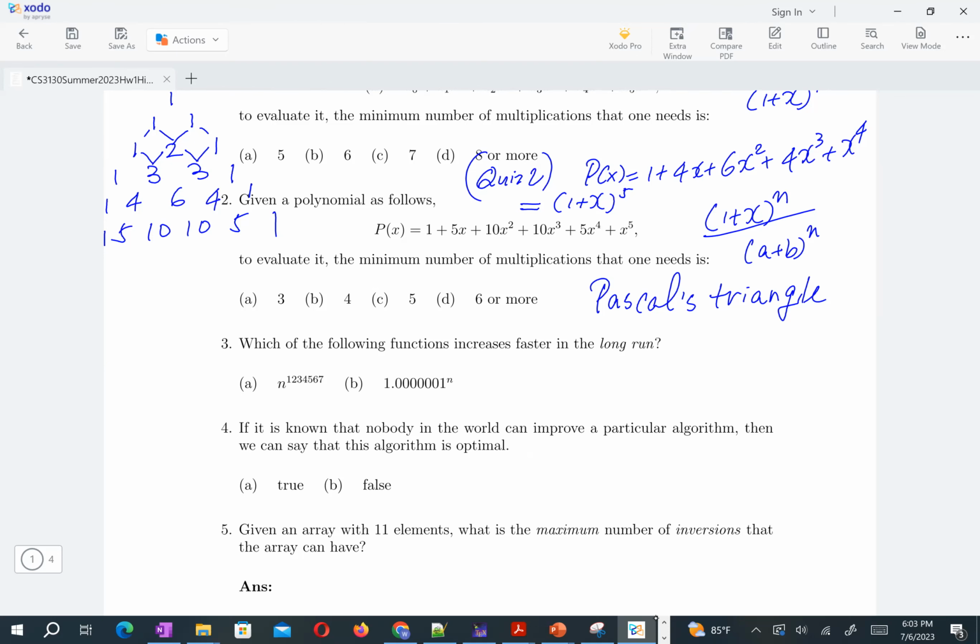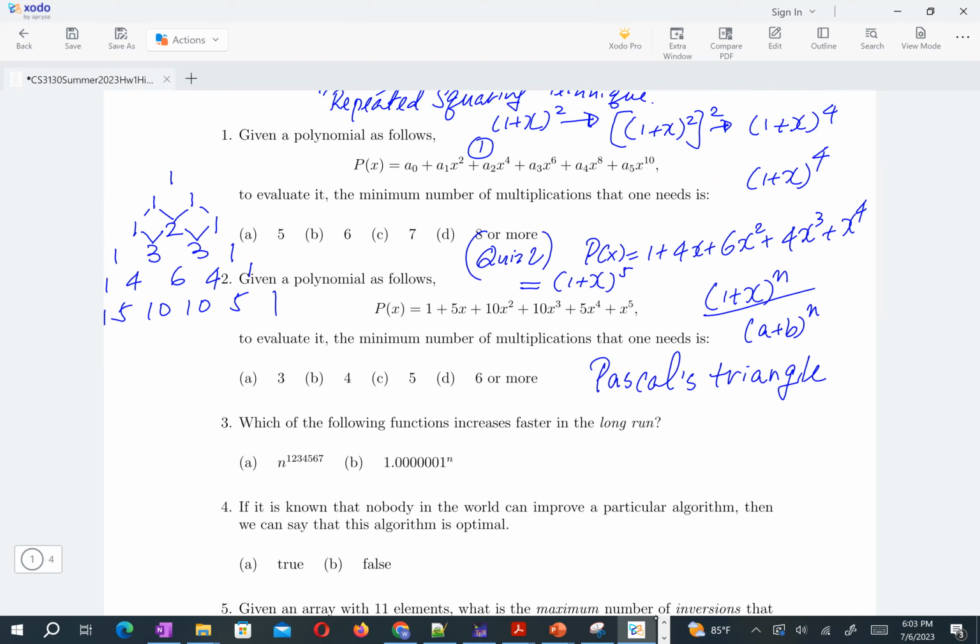It's very close. You need 2 pieces of knowledge to answer this question: Pascal's triangle first, repeated squaring technique second. After you are equipped with these 2 pieces of knowledge, you can figure it out.